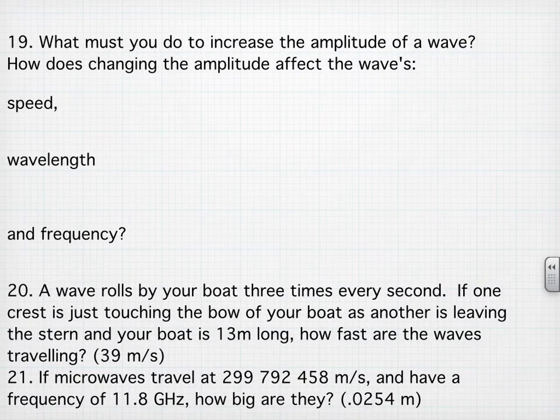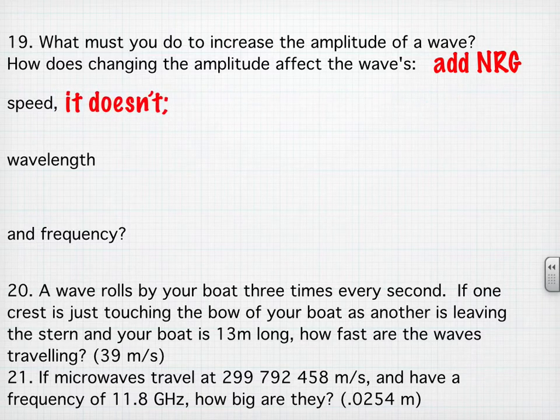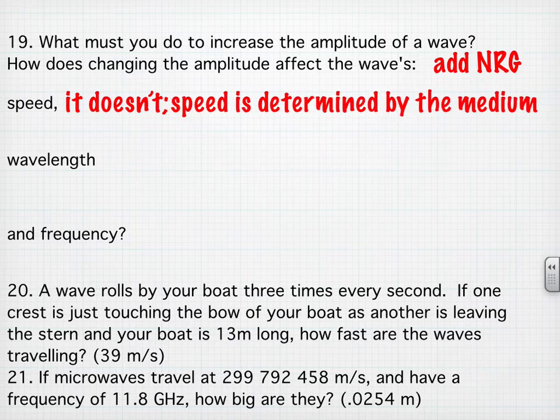What must I do to increase the amplitude of a wave? Increase the energy. I had to add energy. How did adding that energy affect the speed? It didn't, because the speed was determined by the medium.